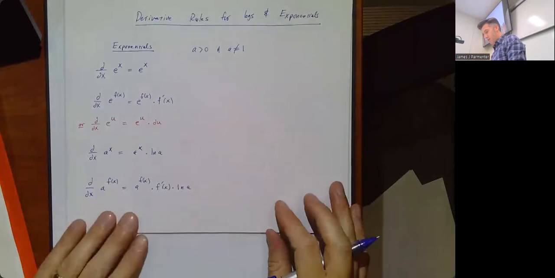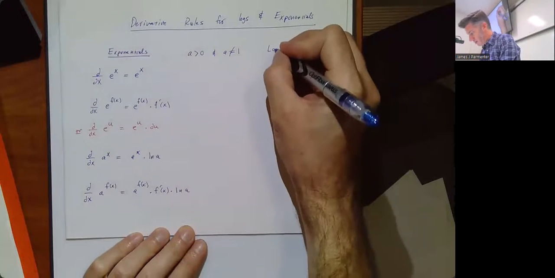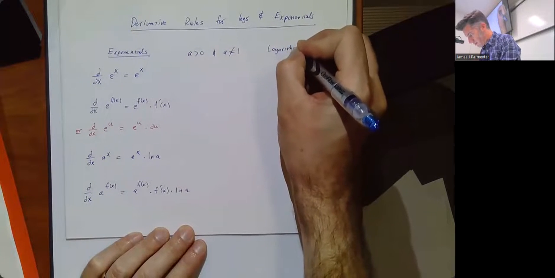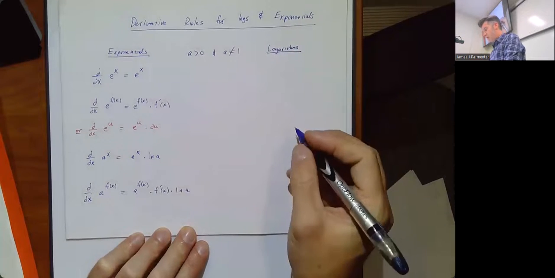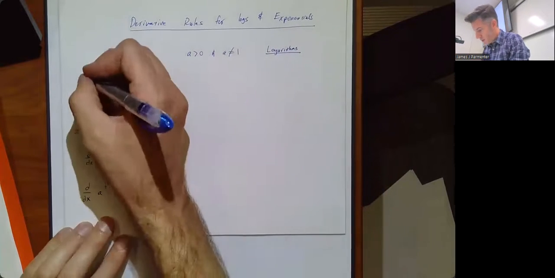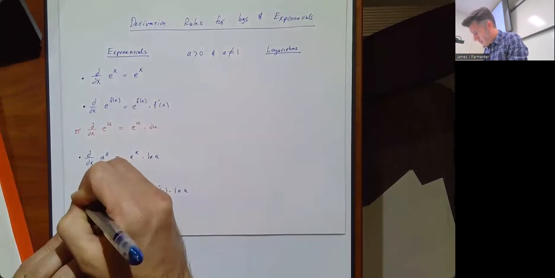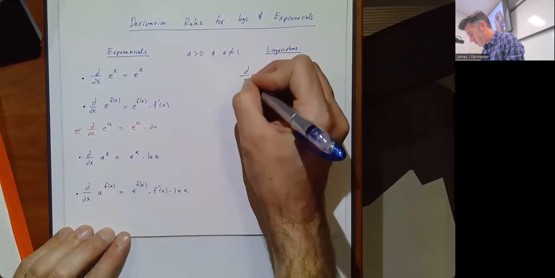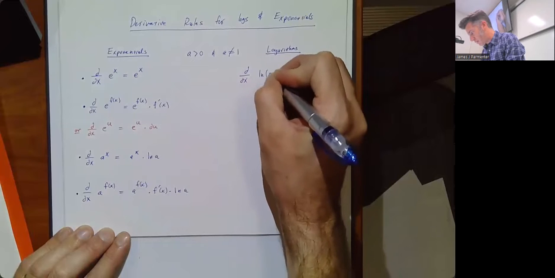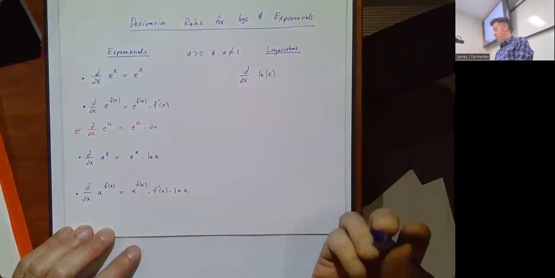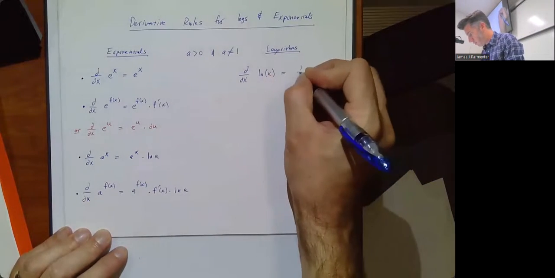It's neat. Let's look at the other side, the logarithms. So first and foremost, let me put some dots here. The derivative of the natural log of x, which is the log base e, but I'm not going to write that, is 1 over x.